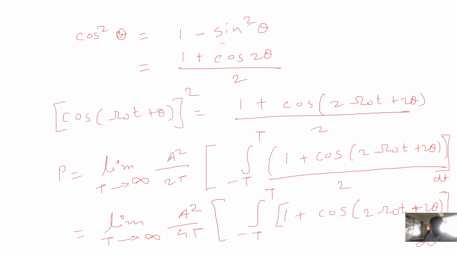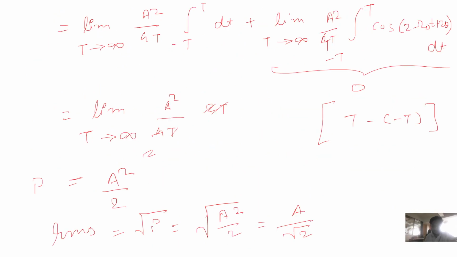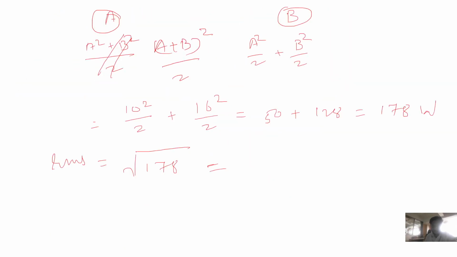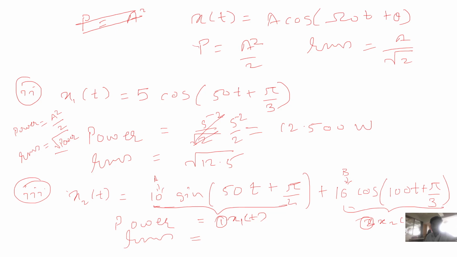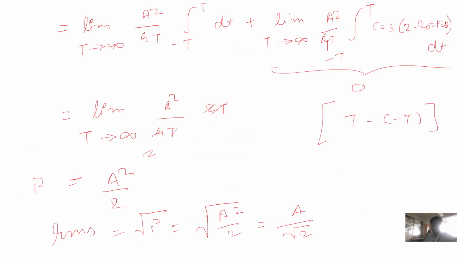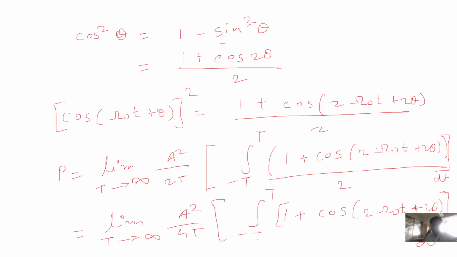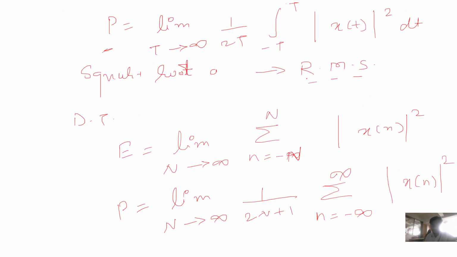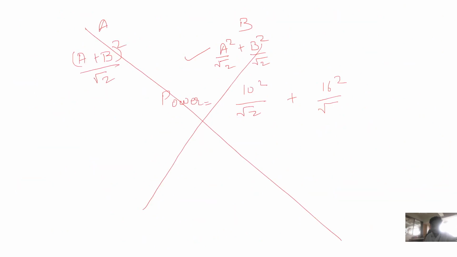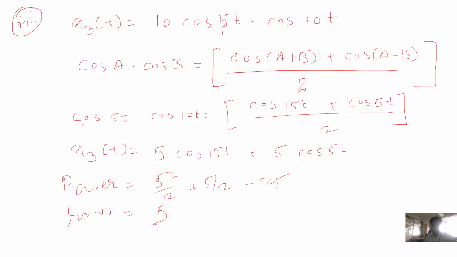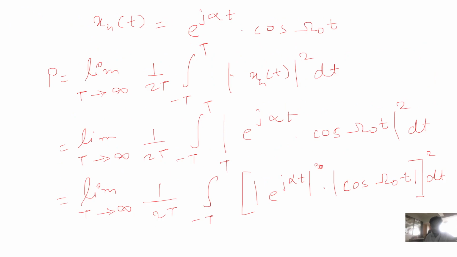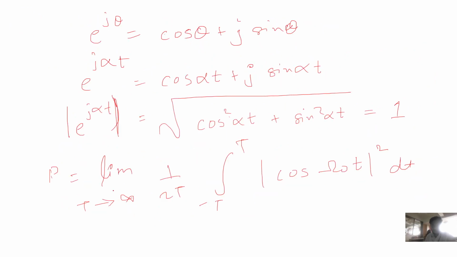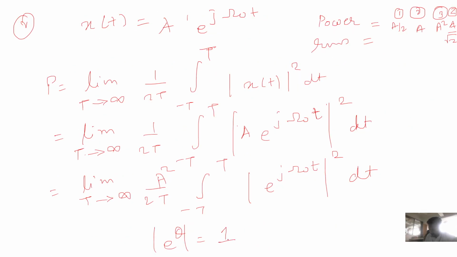Let me show you. Yes, here we had calculated it over here. You can see the mod of e raised to j theta is going to be 1, and therefore this is going to be 1.